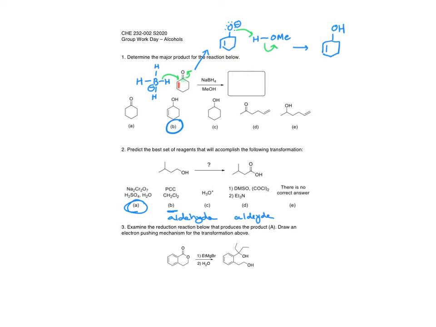Now we want to go to number 3, where we get a mechanism that goes to our product. I'm going to start far over on the left here, so we've got plenty of room.